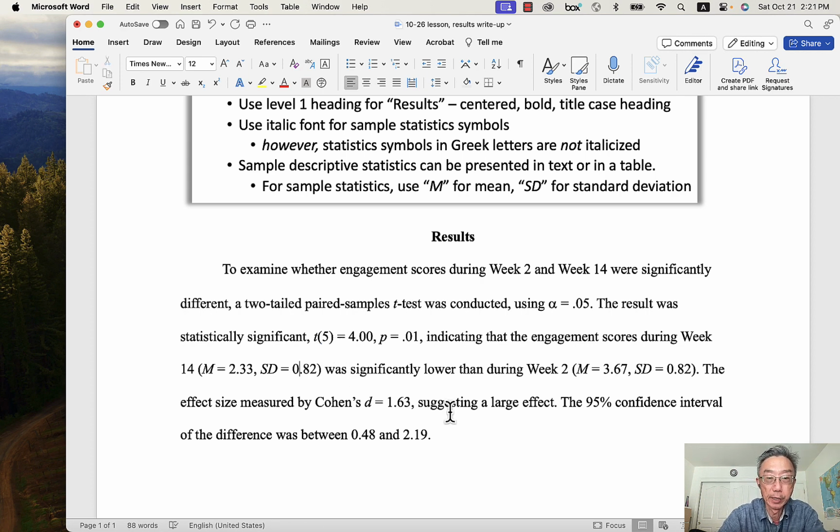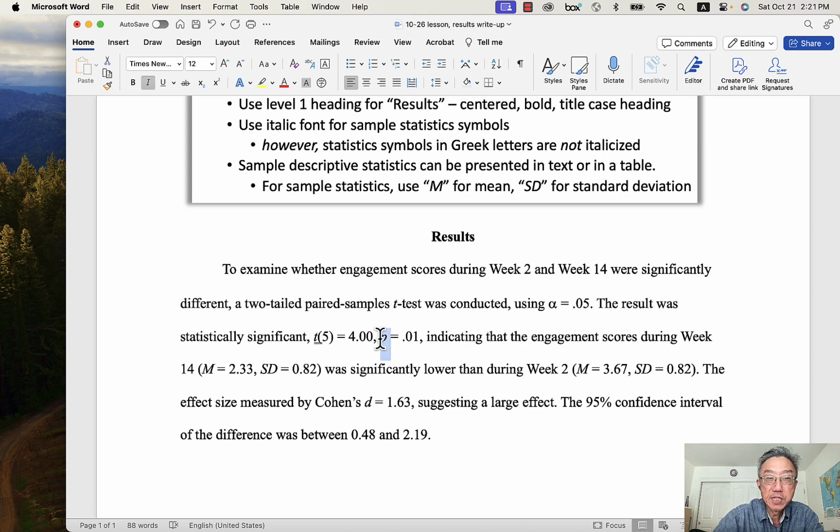So instead of 0.82 with a leading zero, the APA style rule is that if the maximum value is 1.00, then you omit the 0 before the decimal point. So for example, the highest alpha you can go is 1.00. It's probability. So alpha equals .05 instead of 0.05.